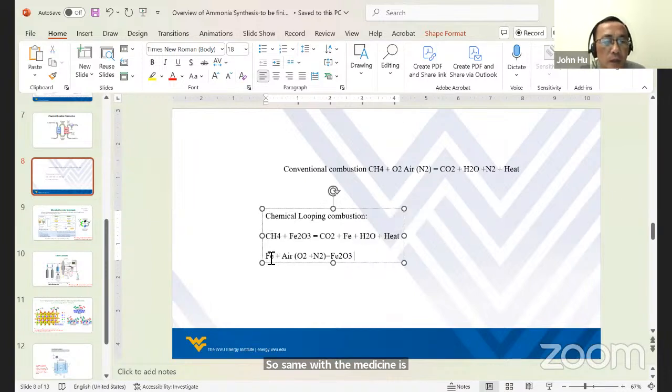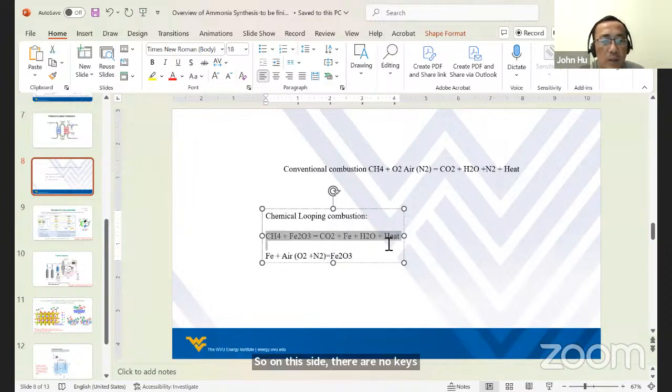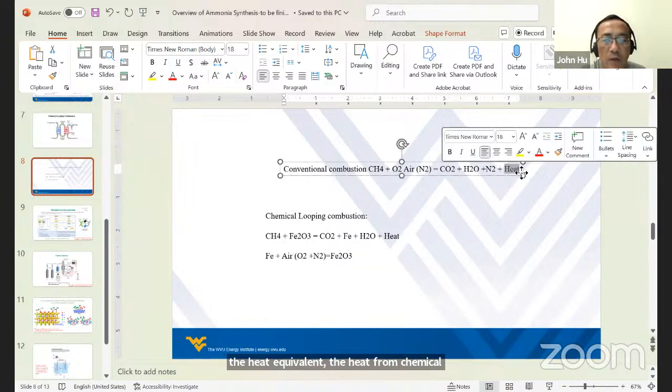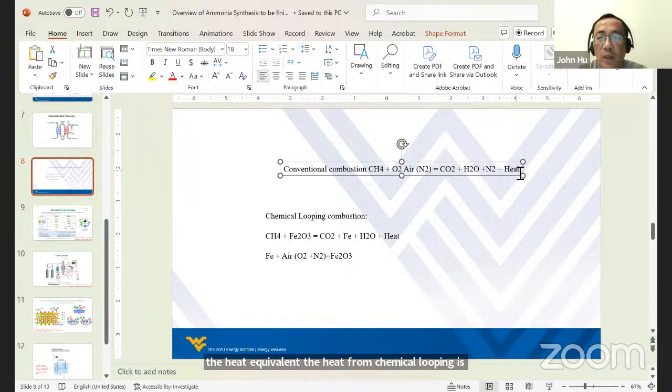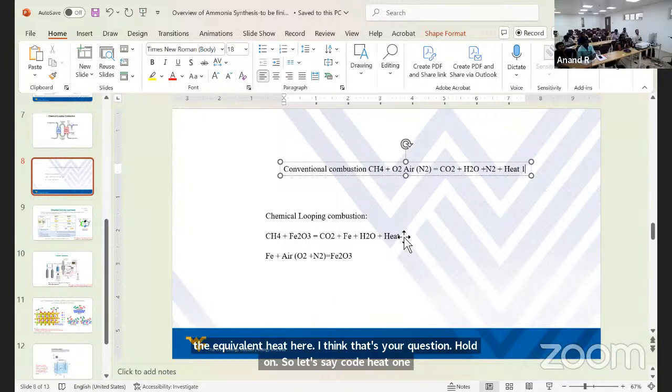On this side, there's no heat involved; here a lot of heat is released. Even here, when you oxidize iron oxide, there's also heat coming out. So by adding these two equations together, the heat from chemical looping is equivalent to the heat here. I think that's your question. Hold on, let's call it heat 1. Yes, sir. That's called heat 1, and that's called heat 2.